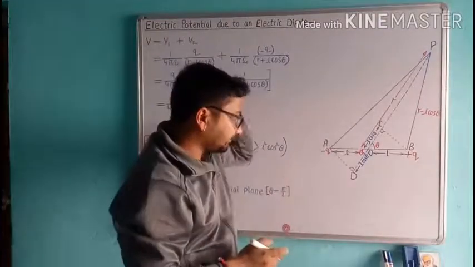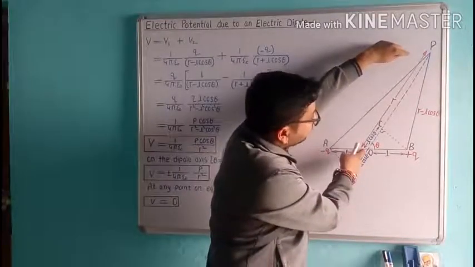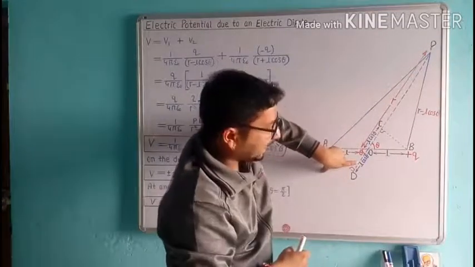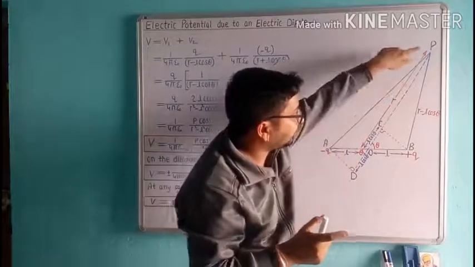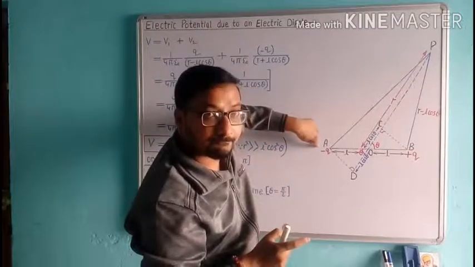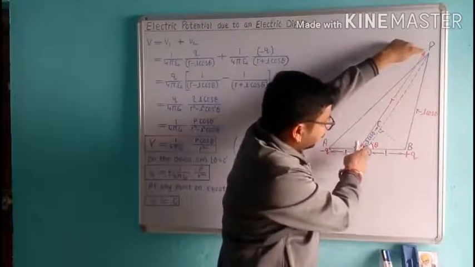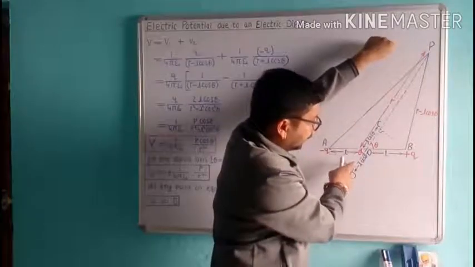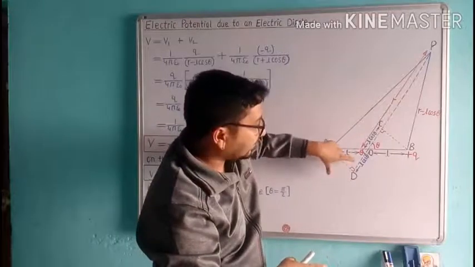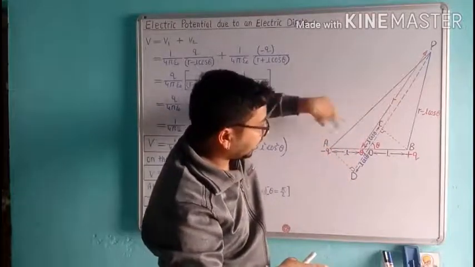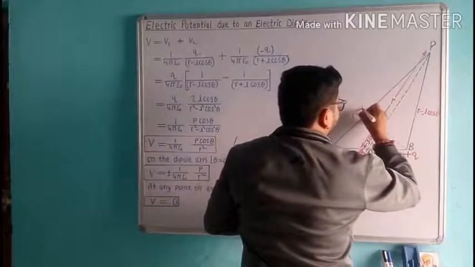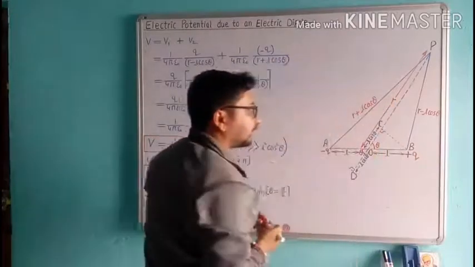Again, OP is r and OD is L cos theta. That means PD is equal to r plus L cos theta, and since PD is equal to AP, AP will be r plus L cos theta.